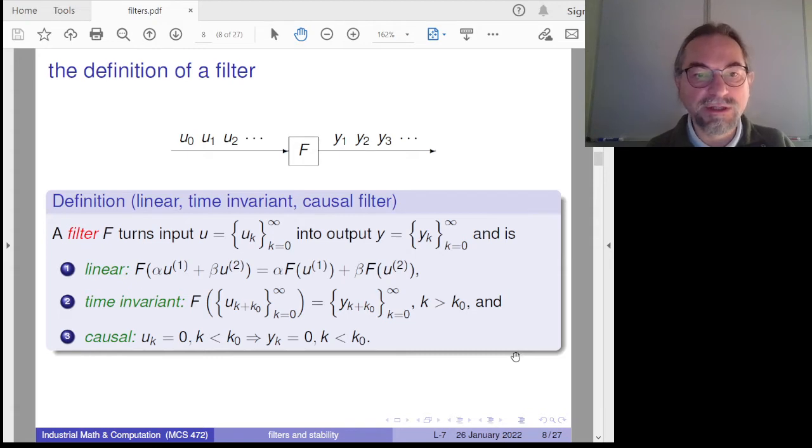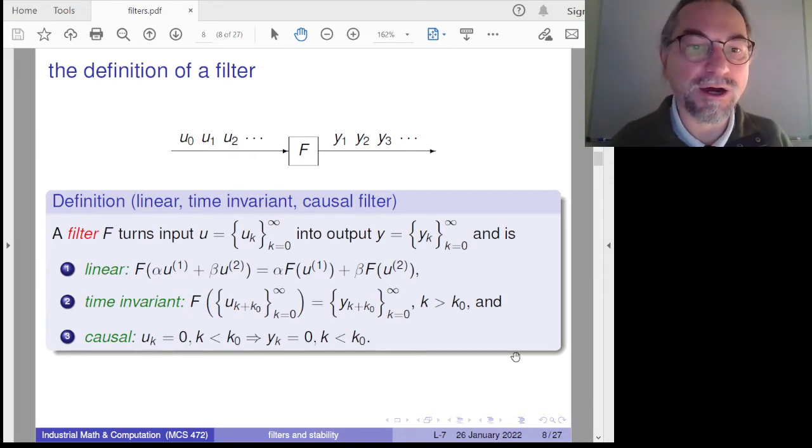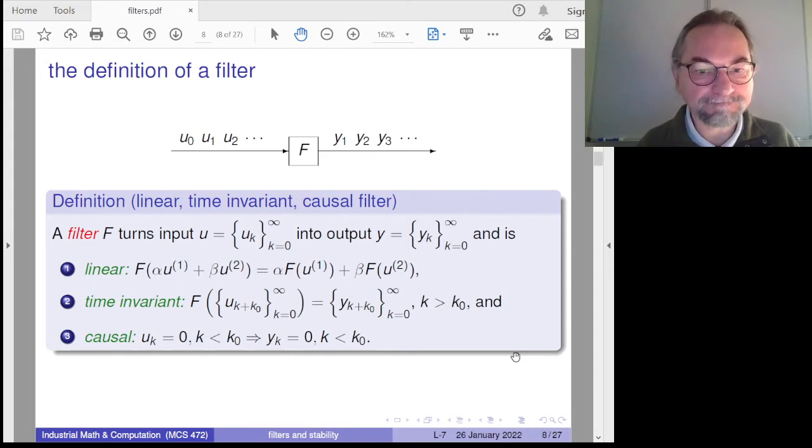These are three words which will be specified in this definition. Linear means that the filter applied to a linear combination is the same as the linear combination of the filter applied to those two signals. That is the linearity, quite familiar from our linear algebra.